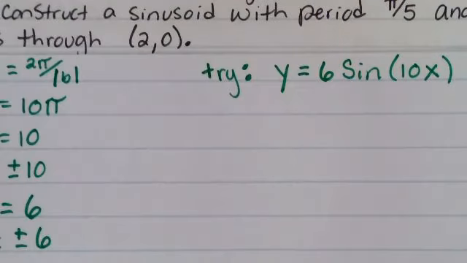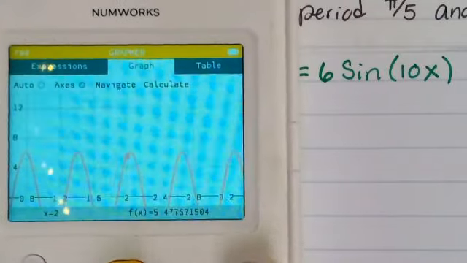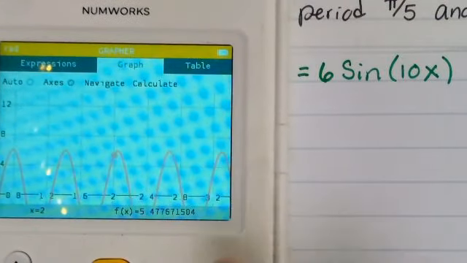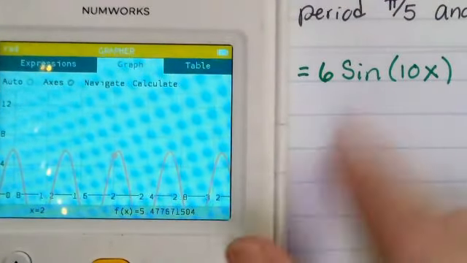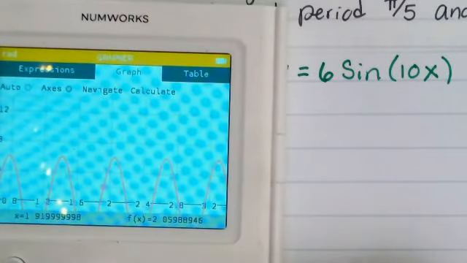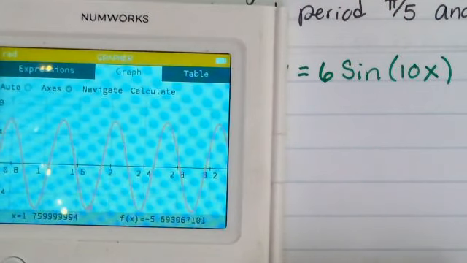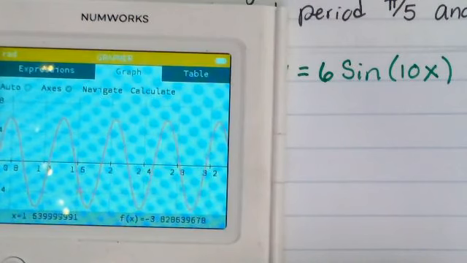We need to think about what we can do to change it. Is there a simple way to fix this? I'm going to look and see, where is my y value 0? Is there a place where I can see my y value being 0 really easily?